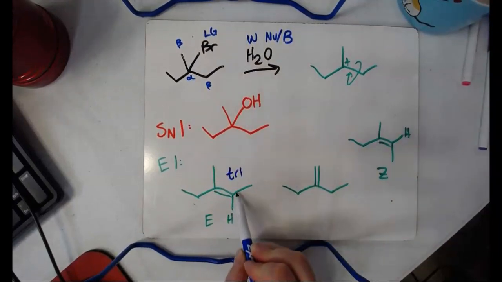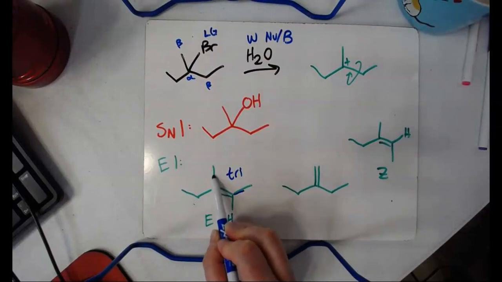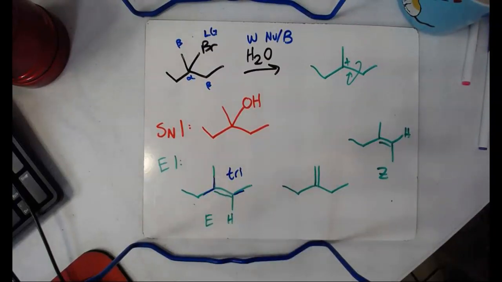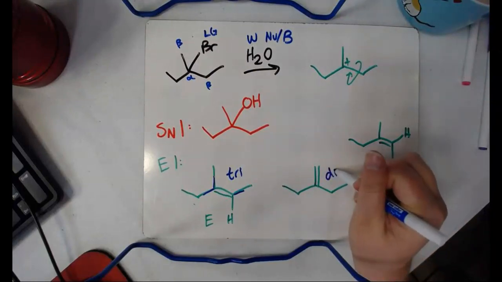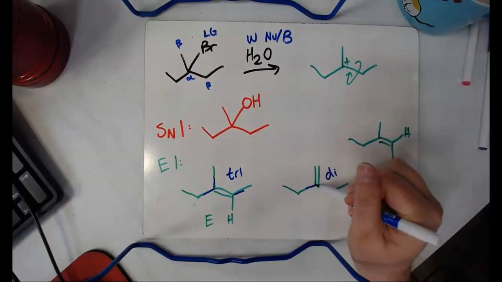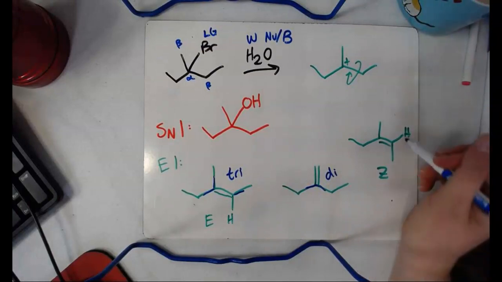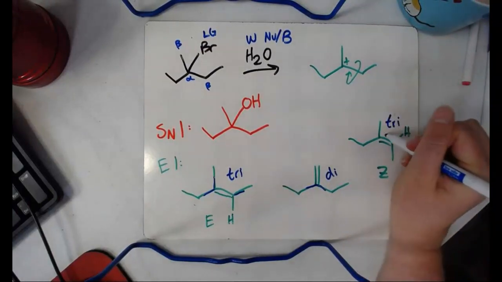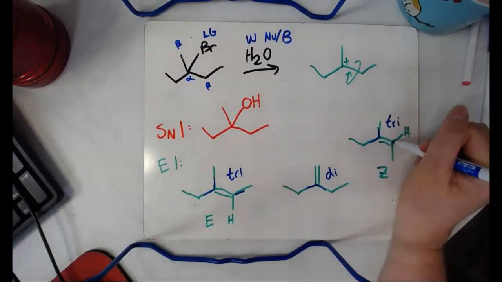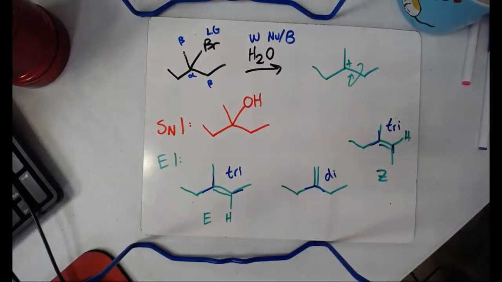I'm saying that because we have 1, 2, 3 carbon substituents coming off of our double bond. This is di-substituted, 1, 2. And then this one is tri-substituted, 1, 2, 3. Because we can make a tri-substituted double bond, that will be our major product.